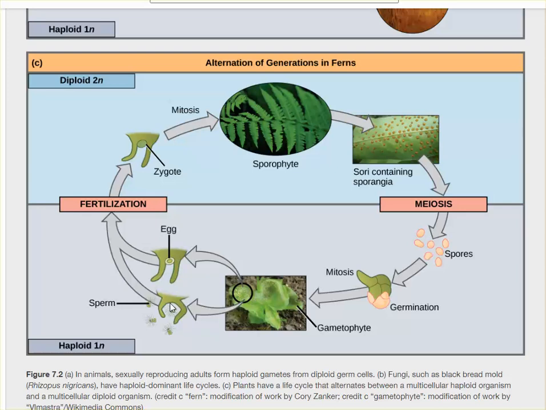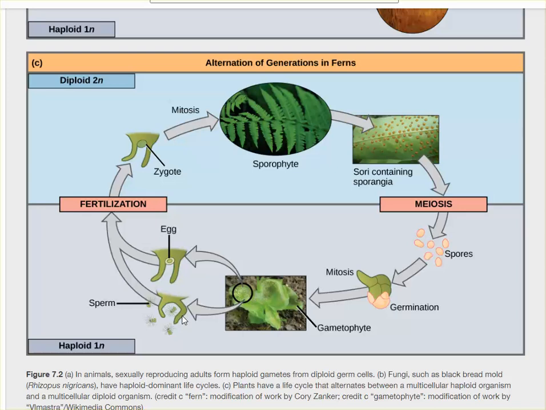Like in our life cycle, the diploid organism just makes the gametes. But in alternation of generations, the diploid organism, the sporophyte, makes spores through meiosis. They germinate to make another organism, the gametophyte, which then makes the gametes.